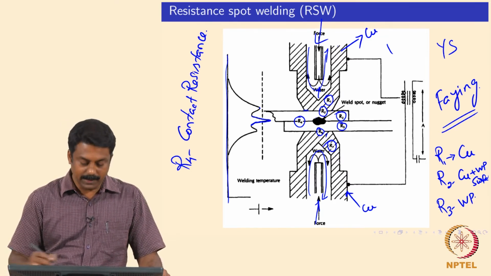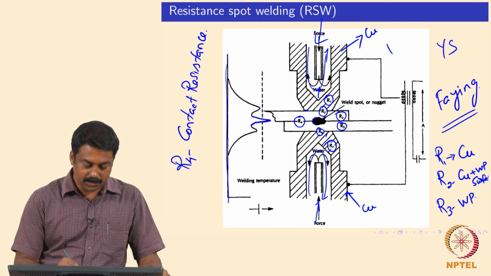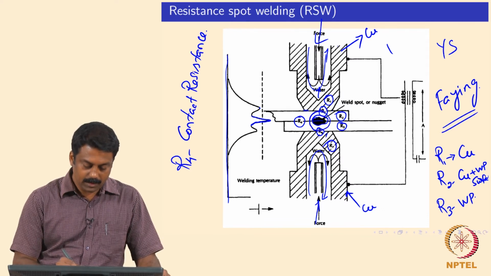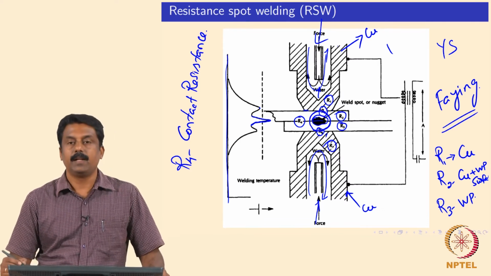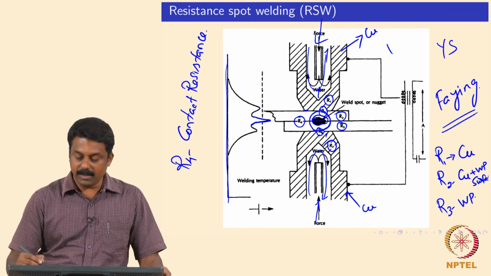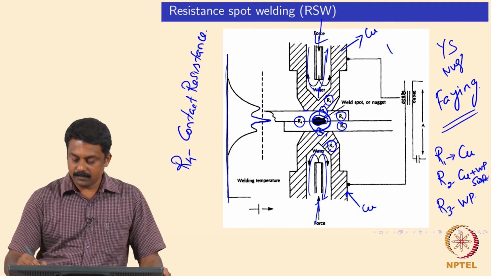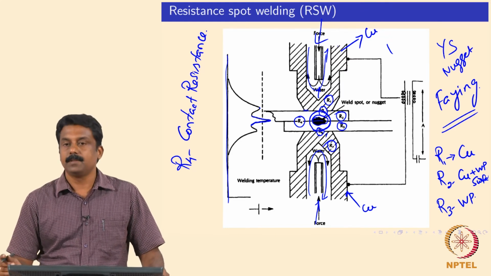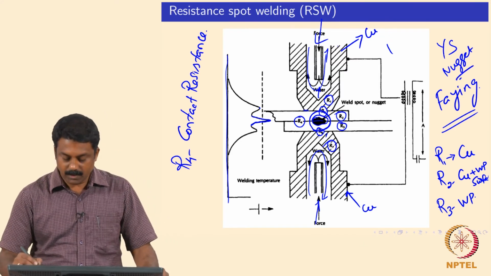Yes, the R4 leads to the heat generation, heat accumulation at the interface, and then because of that you start melting first the interface and then it will grow and you form a weld covering both the sheets, and that is what is known as weld nugget, right.